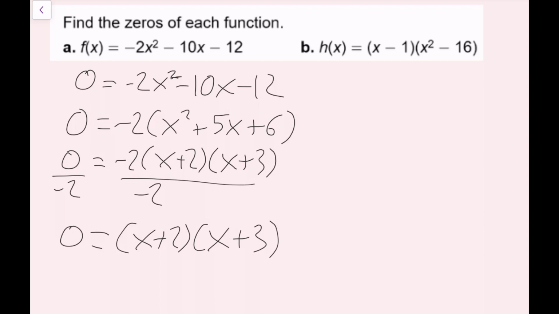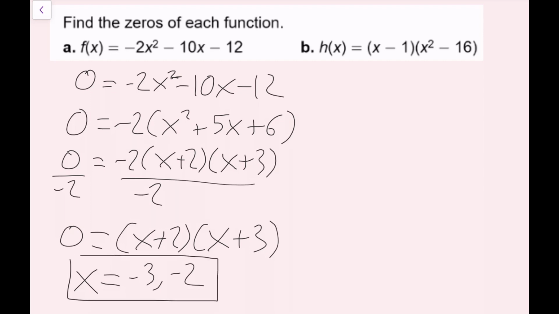For positive 2 here, we just do the opposite, which is -2. Same thing for positive 3, we have -3. So my x values are x equals -3 and -2. These are my two zeros of the first function.